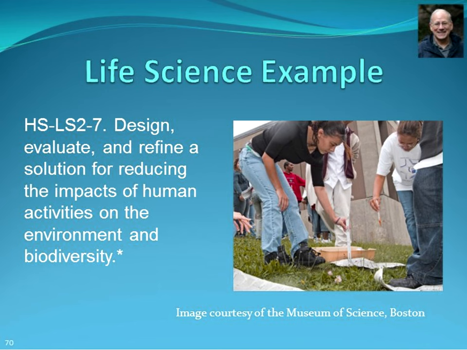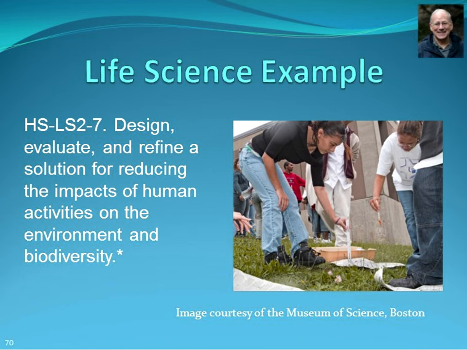Here's a life science example. Design, evaluate, and refine a solution for reducing the impacts of human activities on the environment and biodiversity. So here again, there's 1,000 different assessment questions, perhaps involving a certain ecosystem, analyzing the ecosystem itself, and trying to understand what the issues are. By the way, these are high school examples.